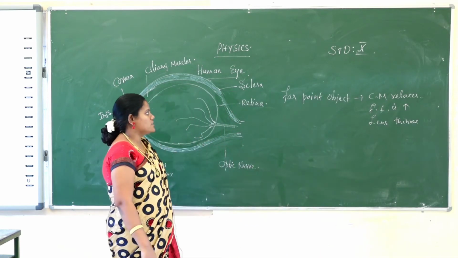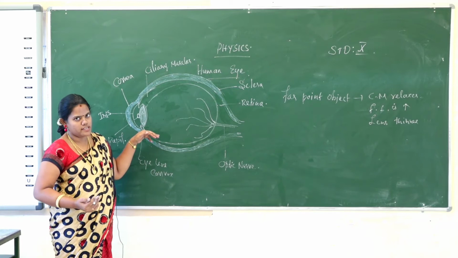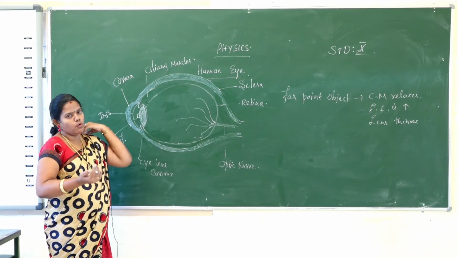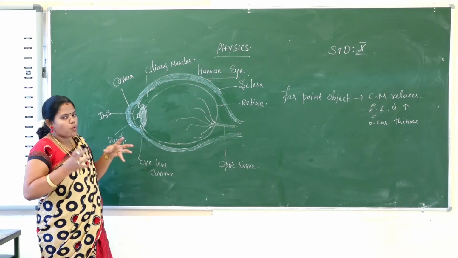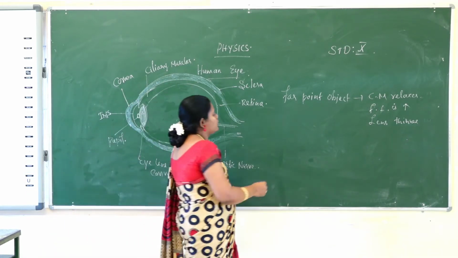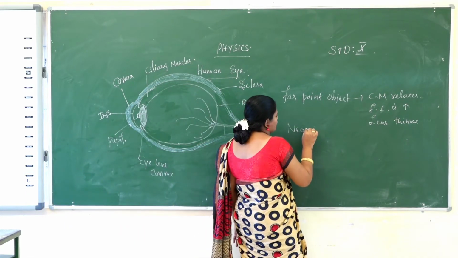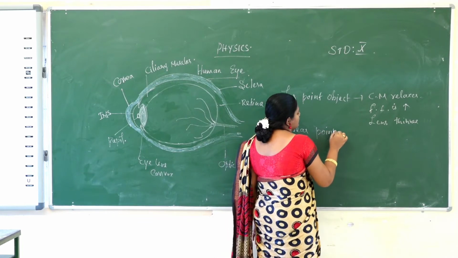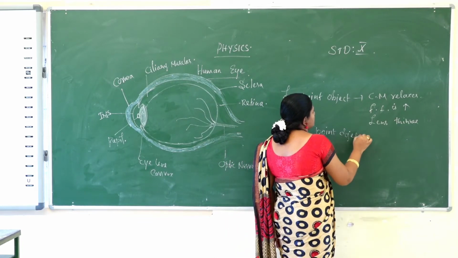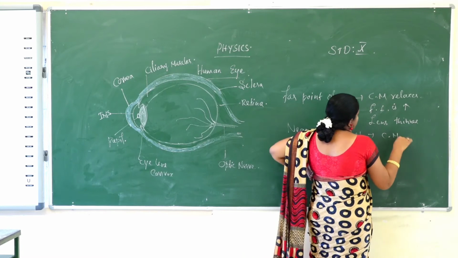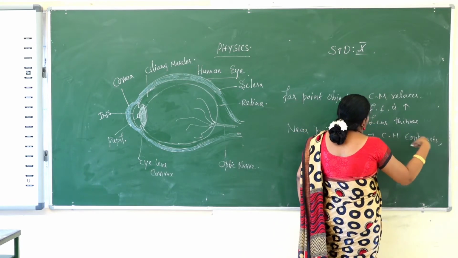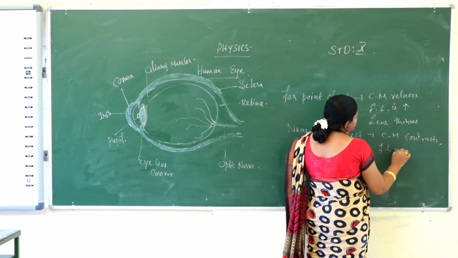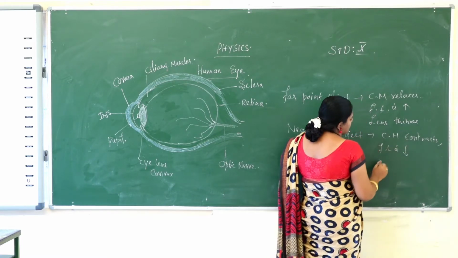Next, suppose we see a near point object, within 25 cm. The ciliary muscles will contract, the focal length will decrease, and the lens will be thicker.